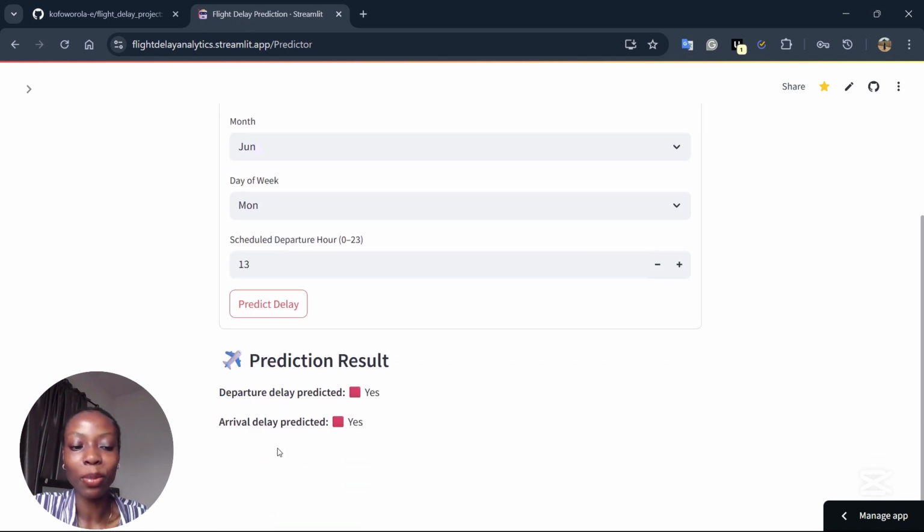Based on the model's prediction, this flight is going to be delayed 15 minutes and above at departure and at arrival.